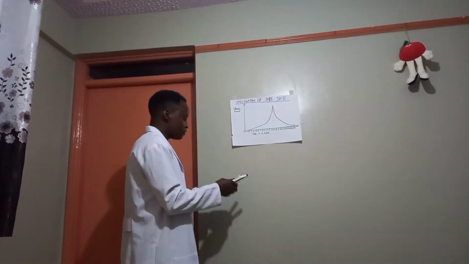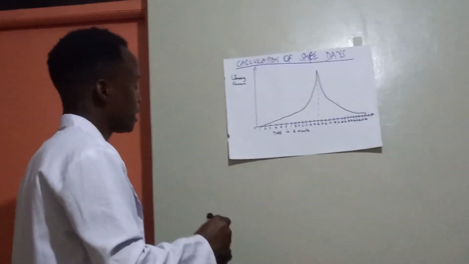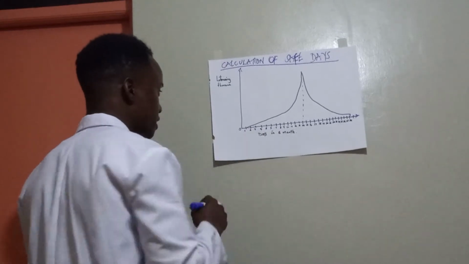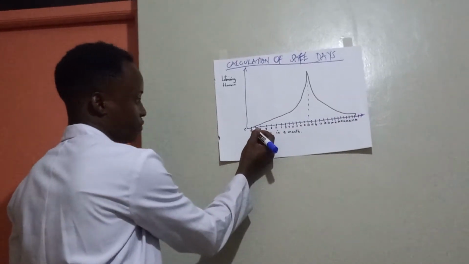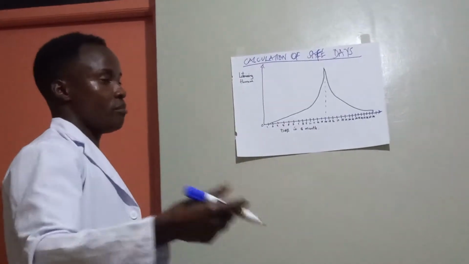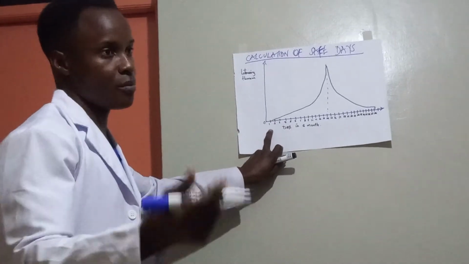Now, given this example, if this lady has unprotected sex on day 1, which is a bit ambiguous in some cases, because most women don't have sex on the very first day of menstruation.